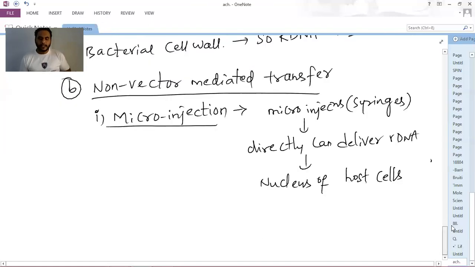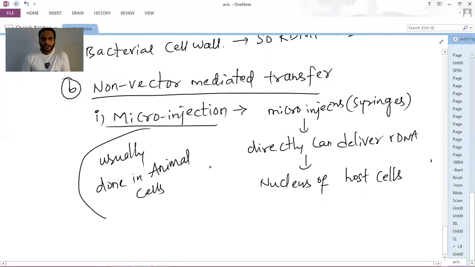So this is one method. It is usually done in animal cells. The micro injection method is mainly done in animal cells.